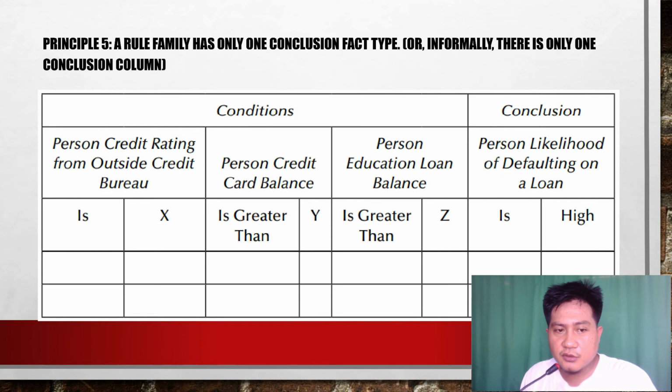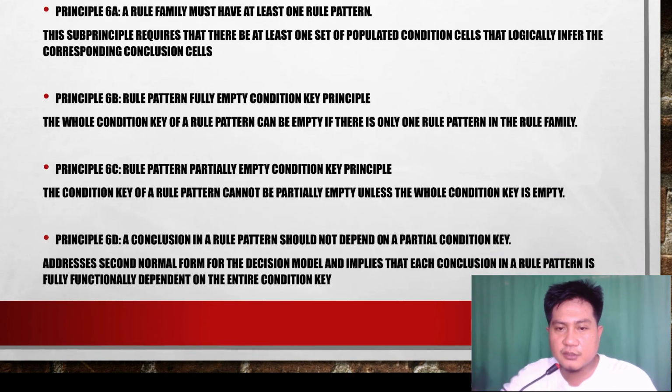So the principle 6D, or the fourth principle, says a conclusion in a role pattern should not depend on a partial condition key. It addresses a normal form for the decision model and implies that each conclusion in a role pattern is fully functionally dependent on the entire condition key.